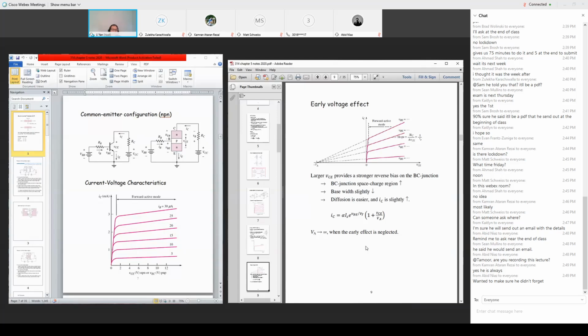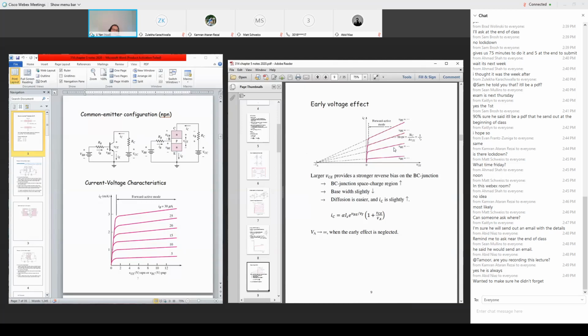The next slide says the phenomenon is called the Early voltage effect. Given an IB, I have one curve for IC, I have another curve for IC for a different IB, a third IC curve for a different IB, and so forth.